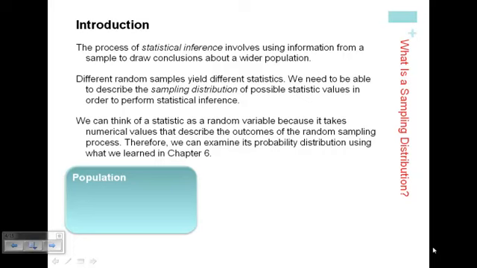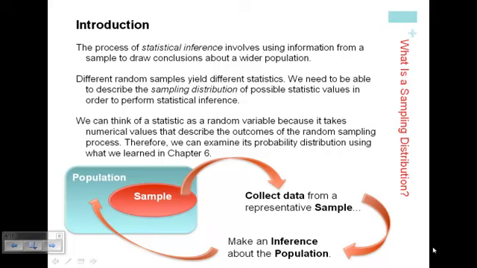Well, if they have predictable patterns, maybe we can exploit that predictableness. Maybe when we get a sample from a population, we can still make an inference about the population. When we sample, maybe we can still take that sample data and make an inference about the population, but we have to know that our sample answer is not the answer. But maybe it's a reasonable guess of what's going on at the population level.